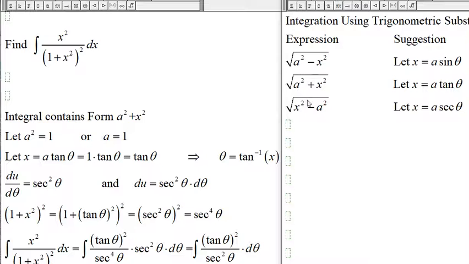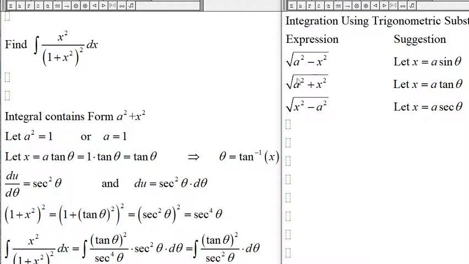And if we have a squared plus x squared, then the suggestion is let x be a tangent of theta, even though this has a square root right here. But whenever we have 1 plus x squared to any power, this suggestion is still valid.